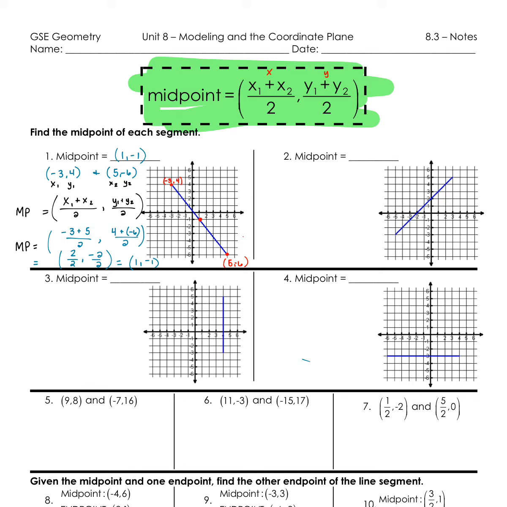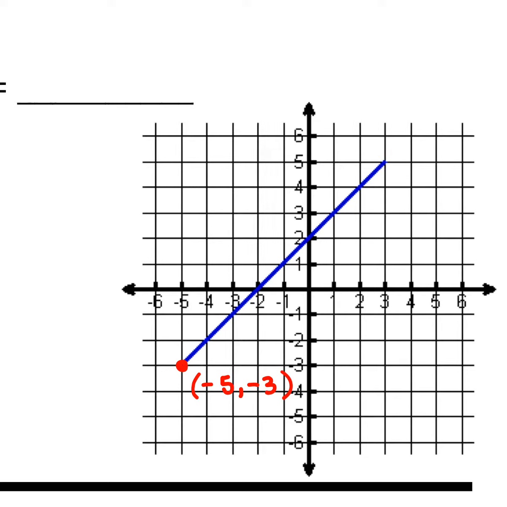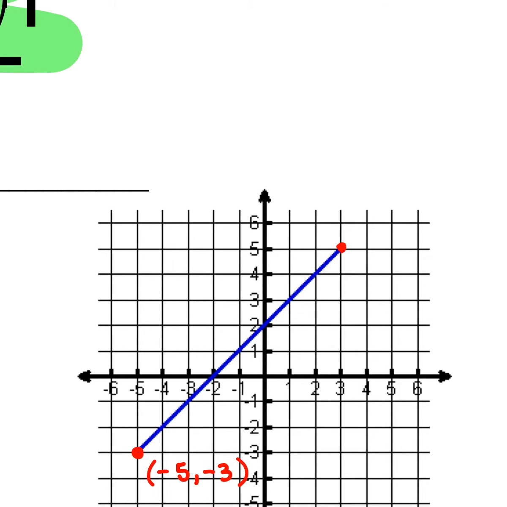We're going to identify our endpoints first and then find our midpoint. Generally, we're going to go from left to right on our graph, and that's going to help how we identify our pieces. So we got negative 5 and negative 3, and then our right endpoint looks like 3, 5.